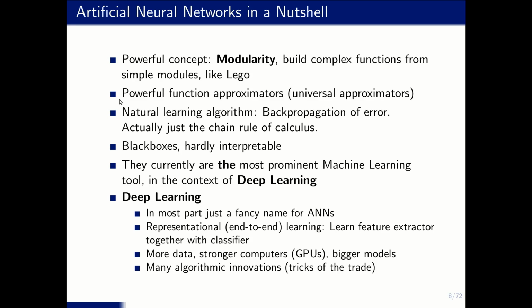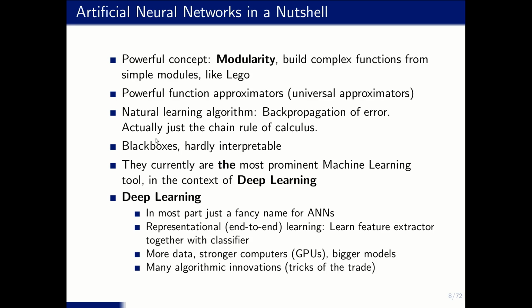For example, a classification problem, predict apple or pear from an image, is just a high-dimensional, highly nonlinear function, and we are using a neural network to approximate it. As we will discuss later, neural networks are so-called universal approximators, so in principle you can approximate any desired function which pops up in engineering. Neural networks have a natural learning algorithm, which we will discuss later, namely backpropagation of error, which is actually just the chain rule of calculus.